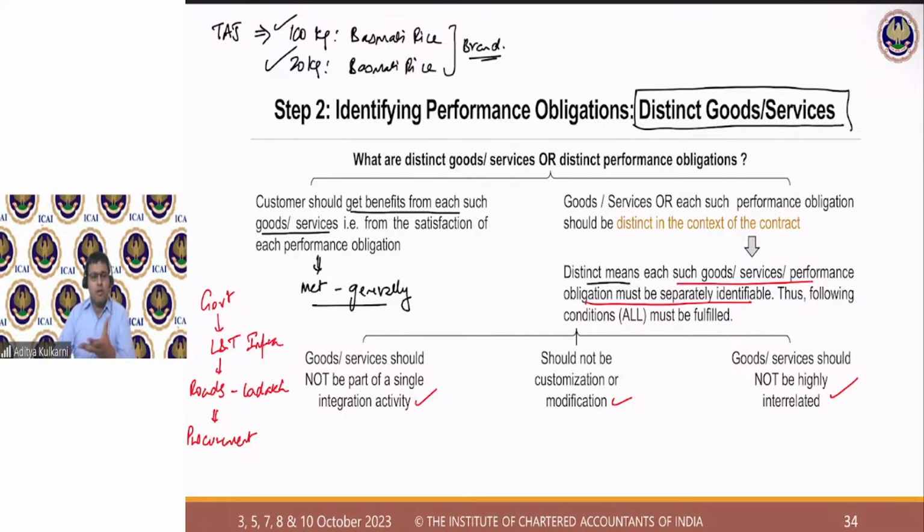It has to procure specialized equipment to move the goods from ground location to Ladakh. So you have a whole lot of procurement activity that happens. So the first thing that L&T is going to do is, it will provide procurement services.